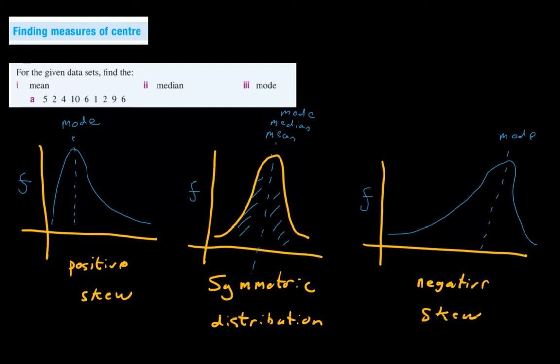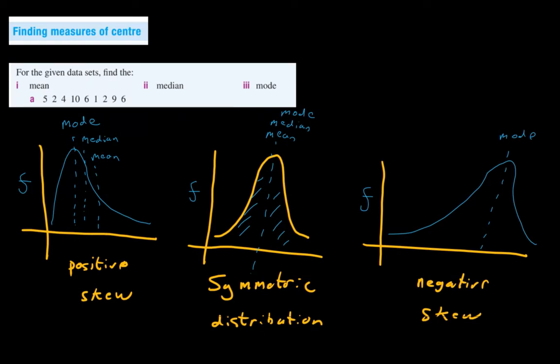First of all, the skew has the largest effect on the mean. The values to the right here drag the mean to the right. However, the median is in between the mode and mean for most positively skewed data.